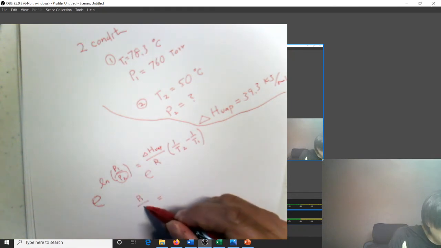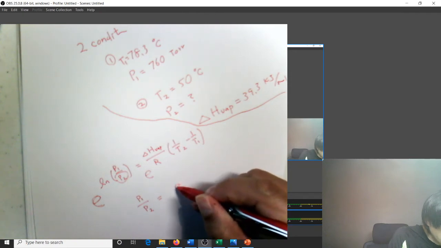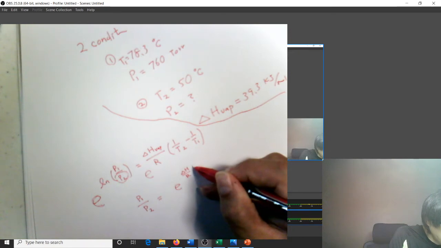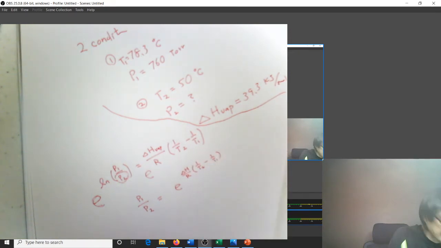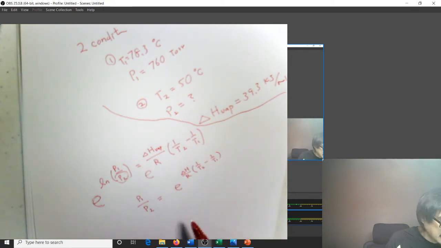P1 divided by P2 is equal to e to the delta H divided by R of 1 over T2 minus 1 over T1. It's e to the power of these things. Now, I want to isolate P2, right? If you want to isolate P1, then you just multiply both sides by P2. But I want to isolate P2.